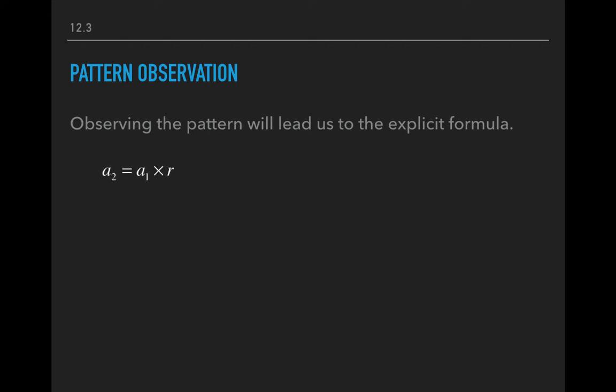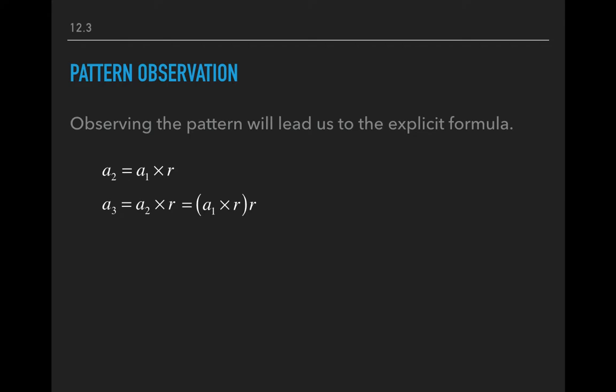Let's look at the second term. The second term, if it was geometric, would be the first term times the ratio. That makes sense, right? According to the recursive formula that we just saw. The third term would be the second term times the ratio. But let me remind you, the second term is the first term times the ratio.